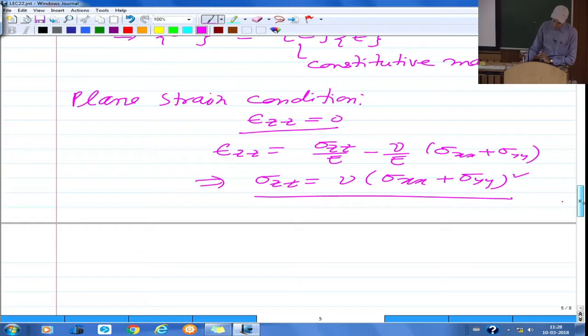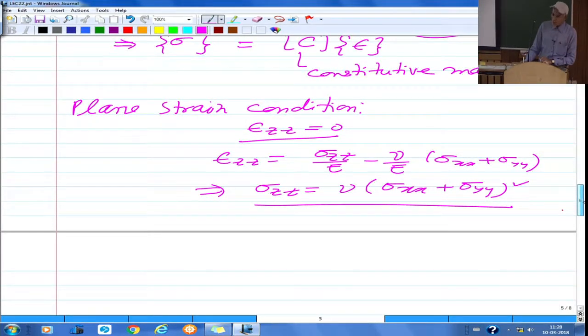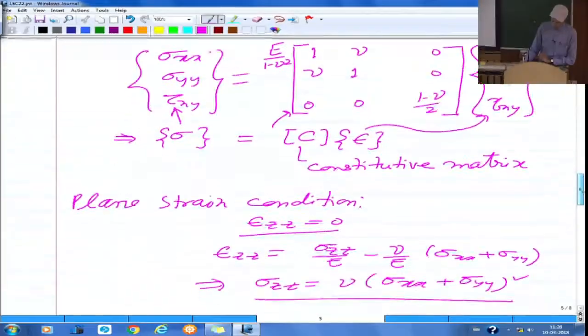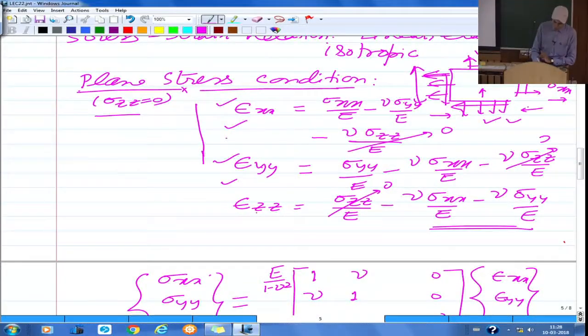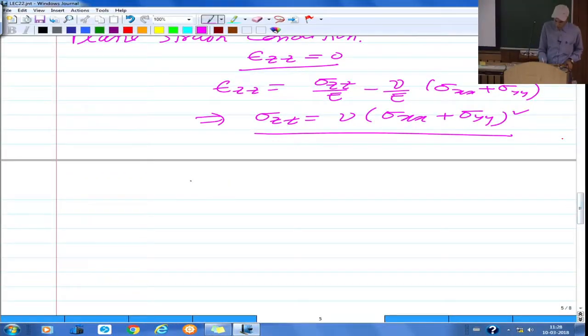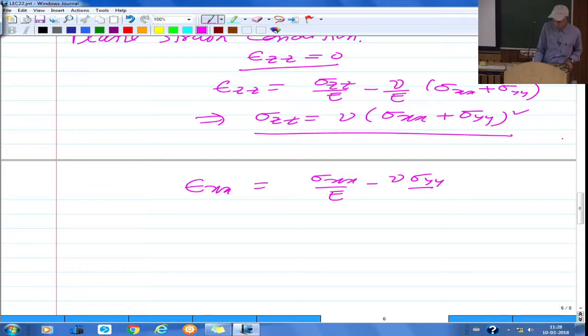Then what you do is put this sigma zz in the first two equations. Whatever I have written for epsilon xx and epsilon yy, now you substitute sigma zz as nu times sigma xx plus sigma yy. The first equation becomes epsilon xx equals sigma xx upon E minus nu times sigma yy upon E, and then minus nu times sigma zz, which is minus nu square upon E into sigma xx plus sigma yy, isn't it?